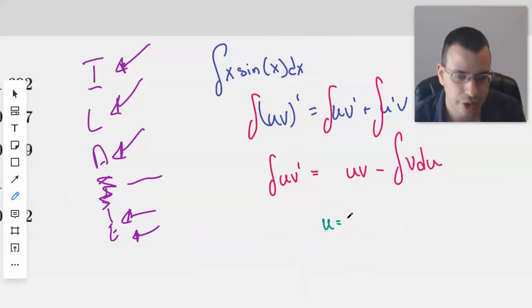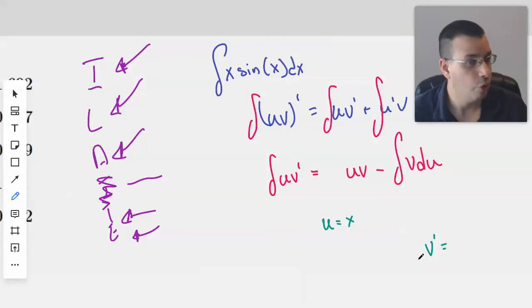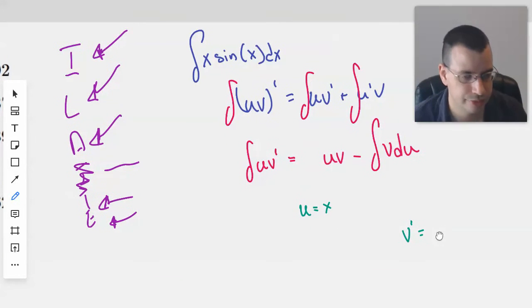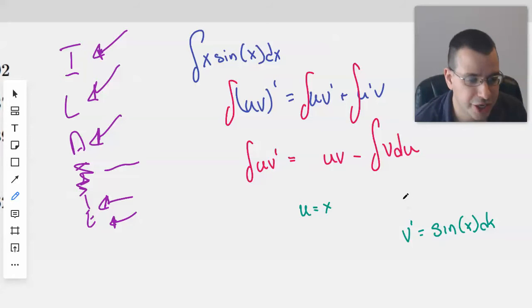So we'd say u equals x, v prime, or dv if you will, is sine of x dx. The integral of sine of x dx would be cosine of x.